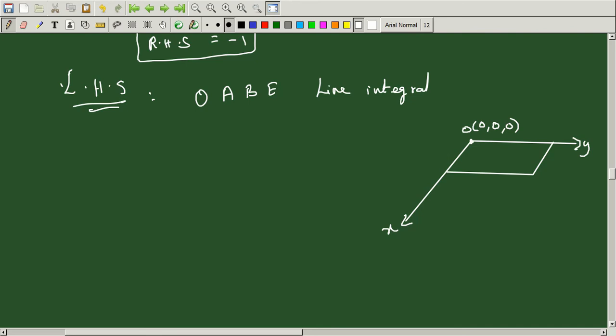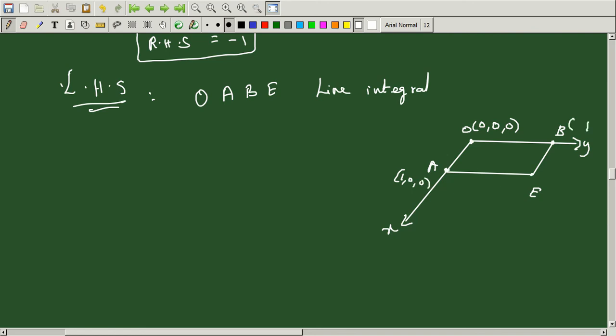O value is 0, 0, 0. And what about the axis? What about the value exactly? This point we already mentioned is A, and this point is E, and on the y-axis we have to consider B. So on the x-axis, the point x is 1, y is 0 and z is also 0. Here B is on the y-axis.